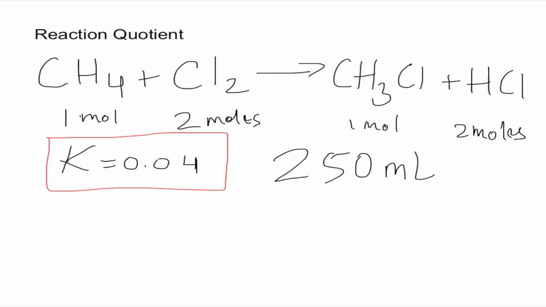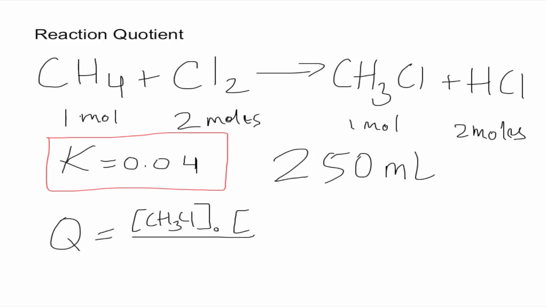So let's go ahead and calculate the reaction quotient. Q is equal to the initial concentrations of the products over the reactants. So that will be chloromethane and HCl over methane and chlorine.